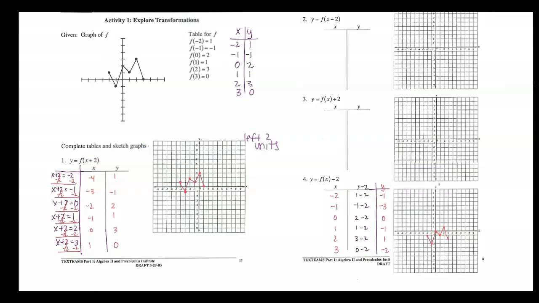Let's think back to what we did on this page. When there was some change inside the parentheses with x, we only changed the x values. If we had a transformation occurring outside of f(x), whether in front of the f(x) or behind it, we always change the y value. That's the same process we're going to follow here.